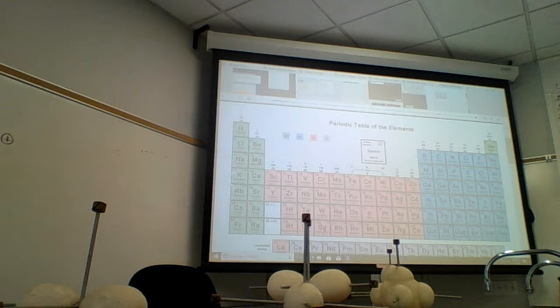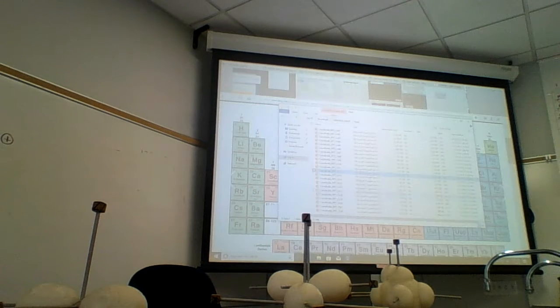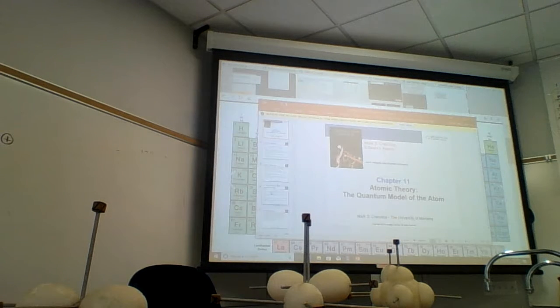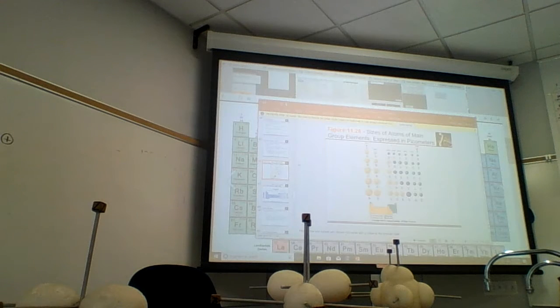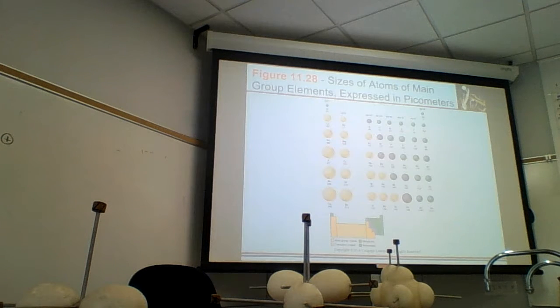Size trends like, what's the biggest? Do you know what the biggest atom on the periodic table is? What the smallest atom is? Yeah, I didn't make it through that.